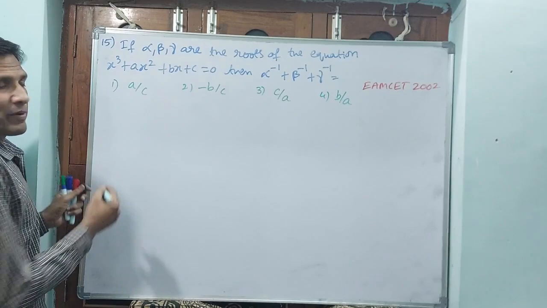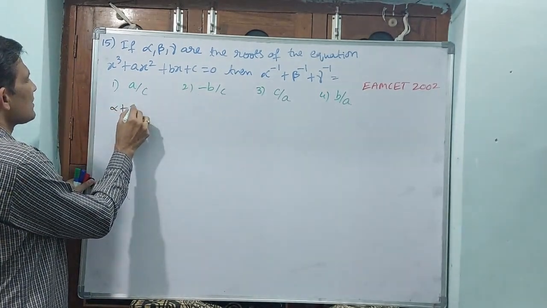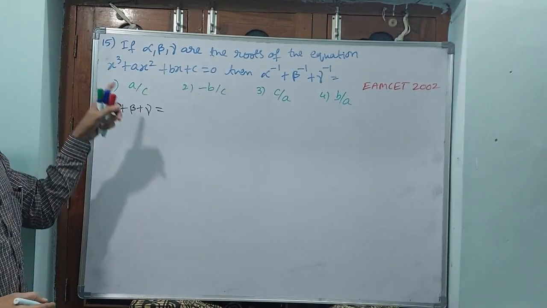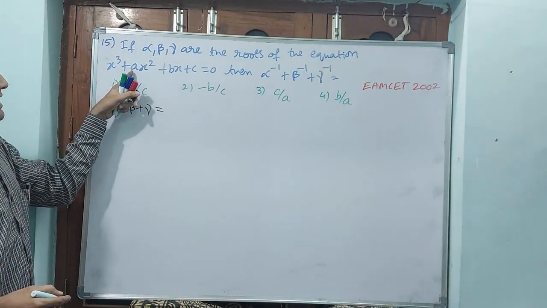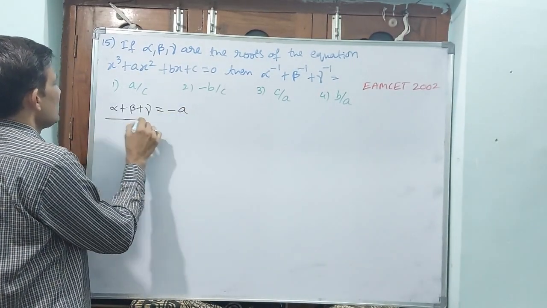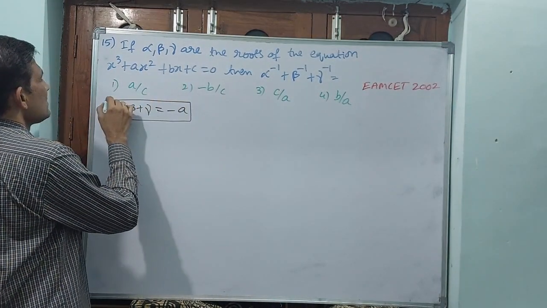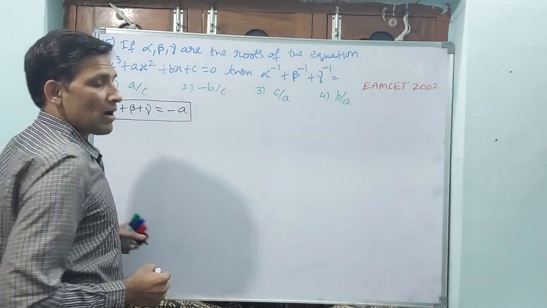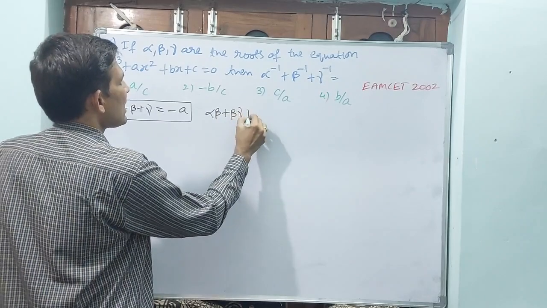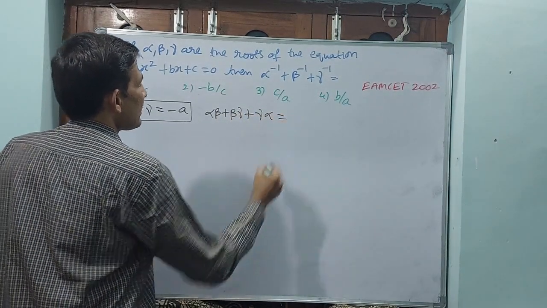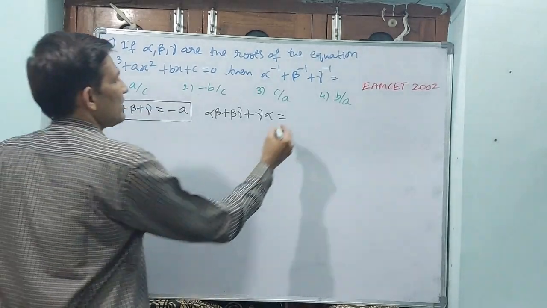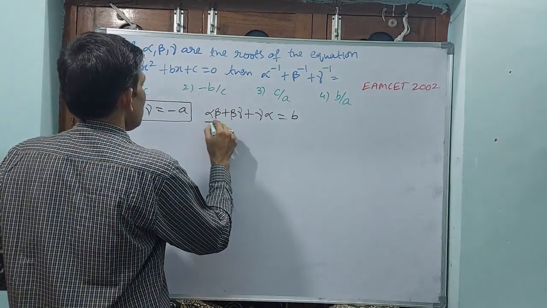See, S1 means alpha plus beta plus gamma. Alpha plus beta plus gamma is equal to minus A1 by A0. A0 is 1. Minus A1 means minus A, just minus A. That's all. This you box it. Now go for alpha beta plus beta gamma plus gamma alpha, which is equal to B by 1, B. This also you box.